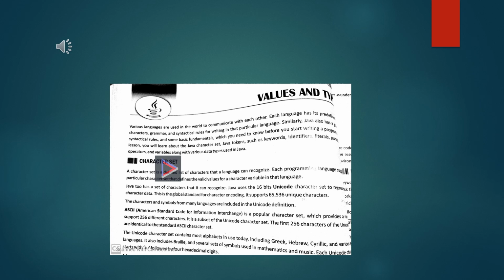What does it actually mean? Whatever characters are used by the programming language, the language can recognize their values. Java also has a set of characters, and Java only recognizes that character set. It uses the 16 bits Unicode character set to represent character data.